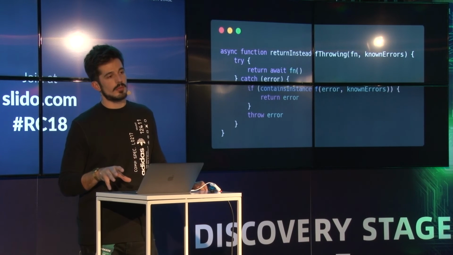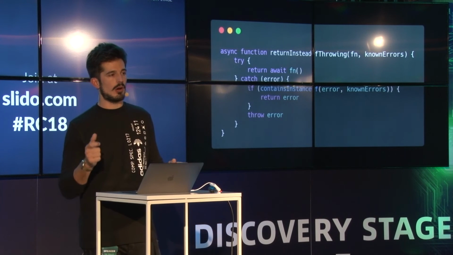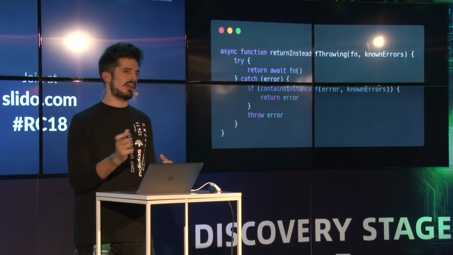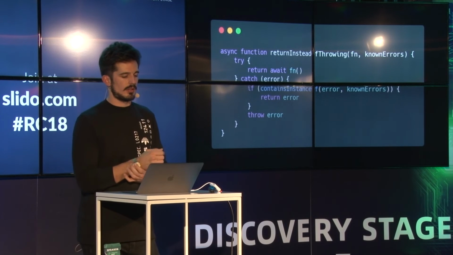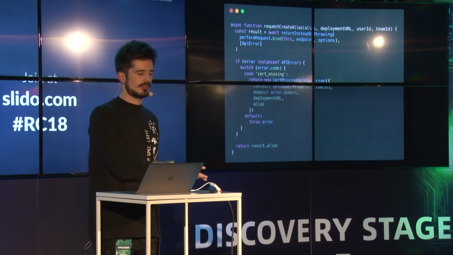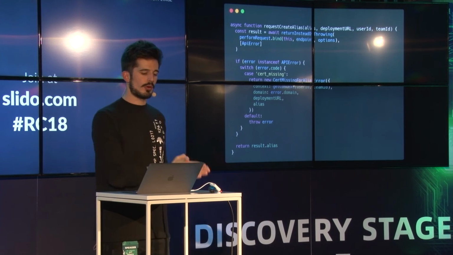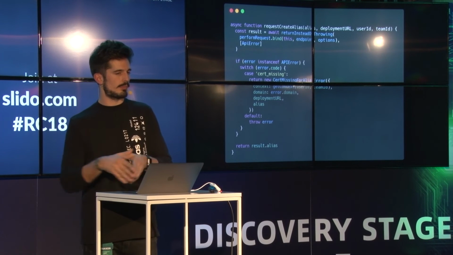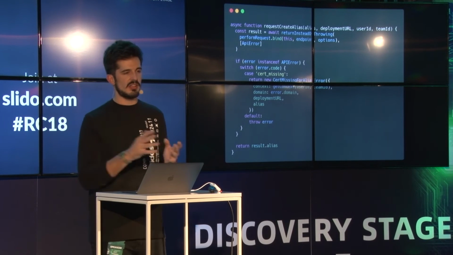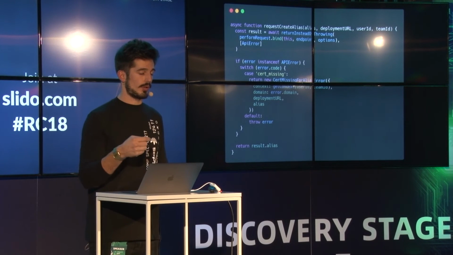And that wrapper is going to receive the function that we are going to call and the known errors that we know that function can throw. To use this function, we can go back to our request create areas function. We are going to say call perform request with this endpoint and these options, but in case there is an API error, return the error rather than throwing.